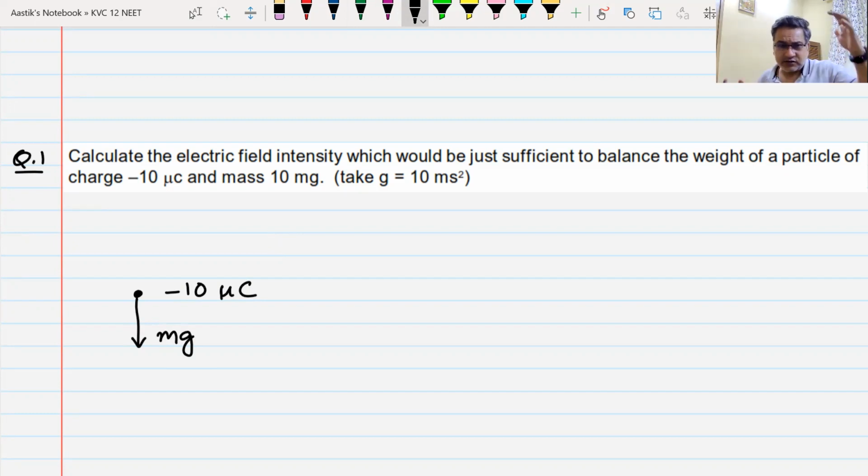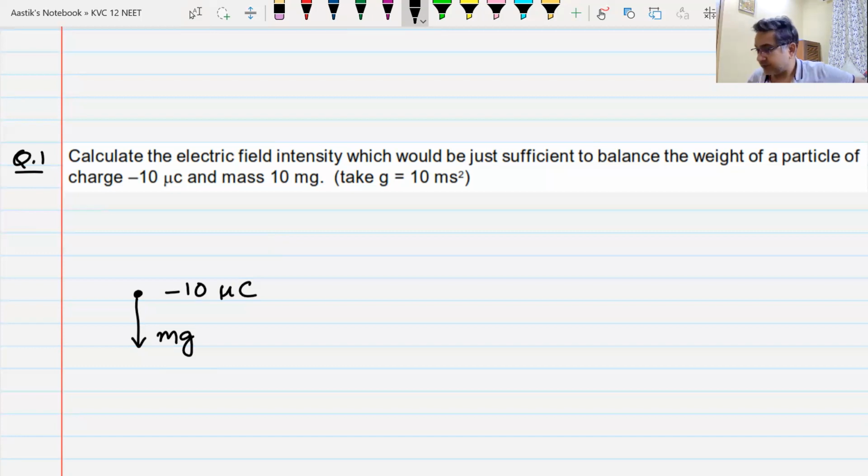I want to balance this charge. Should I apply it downwards, upwards, leftward, or rightwards? Electric field, should it be applied in which direction?